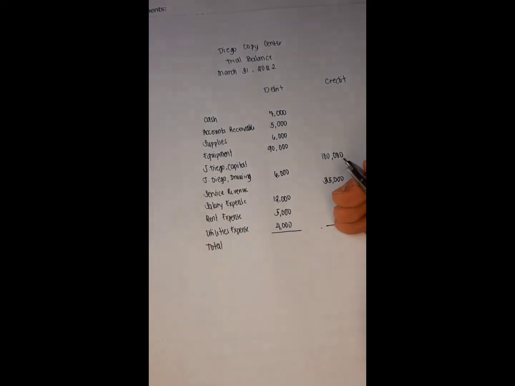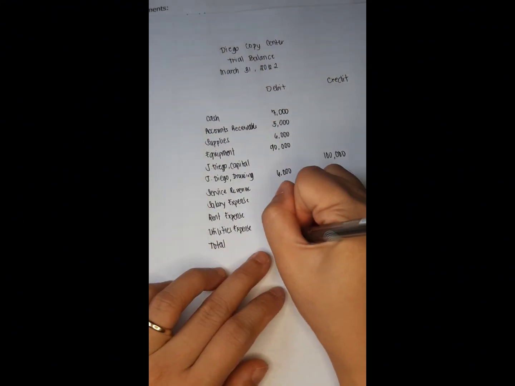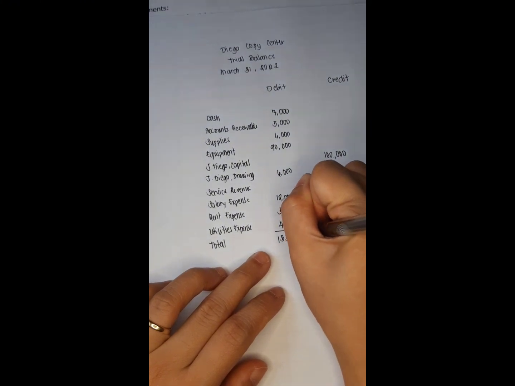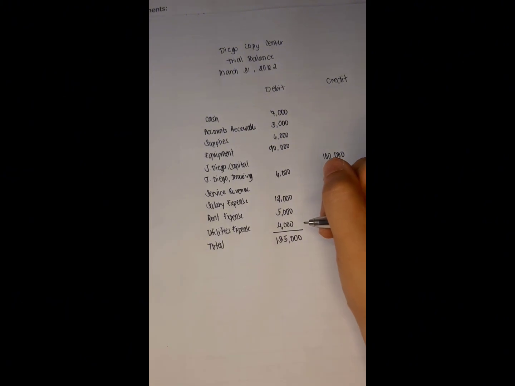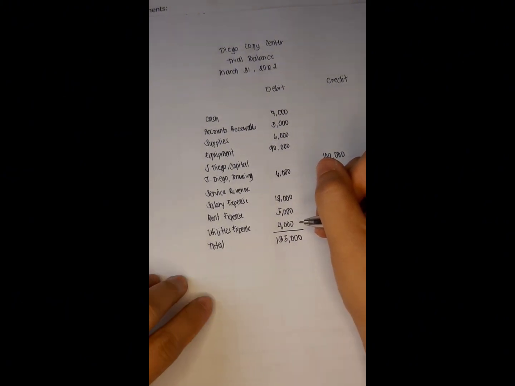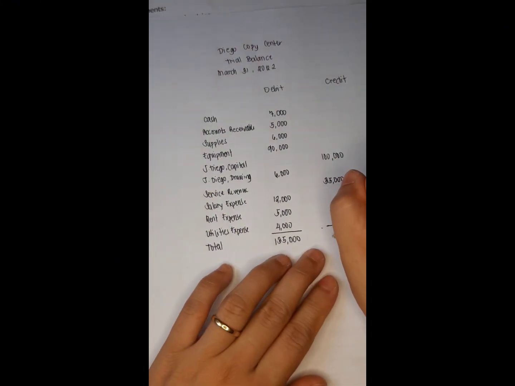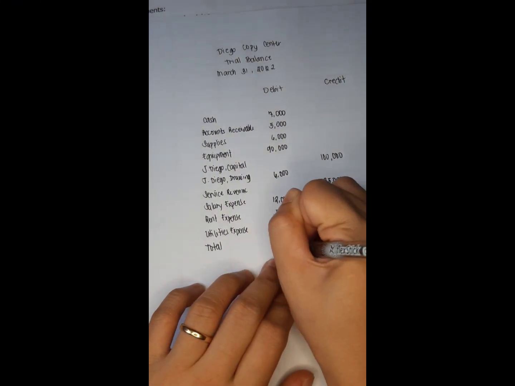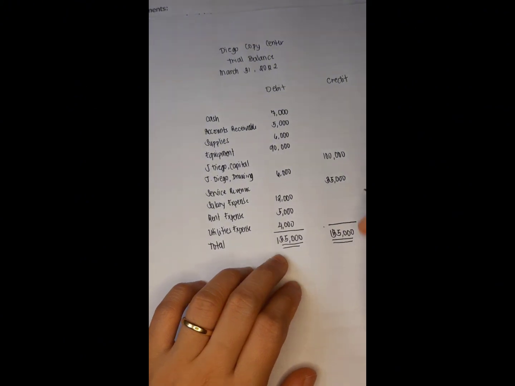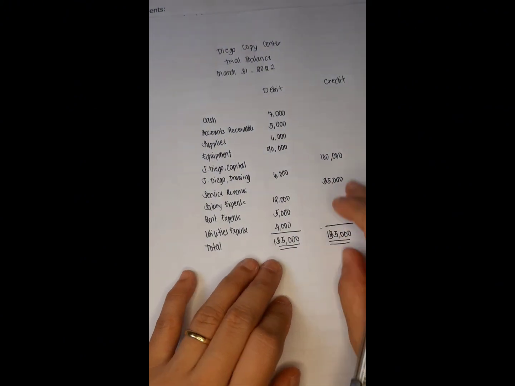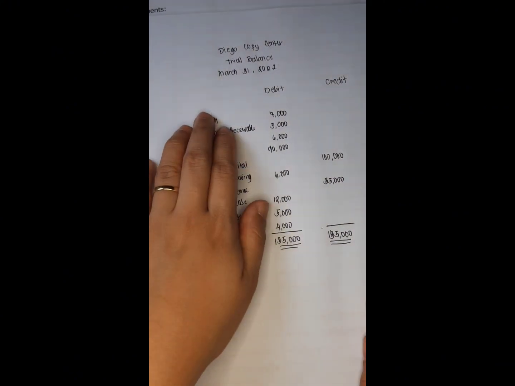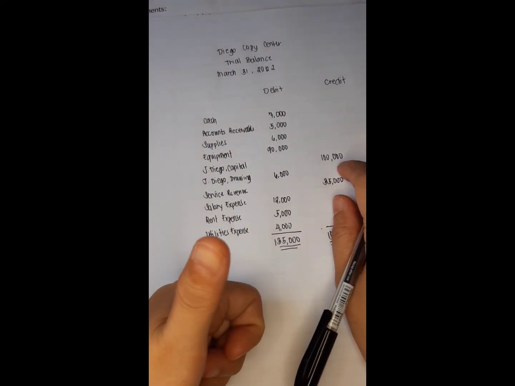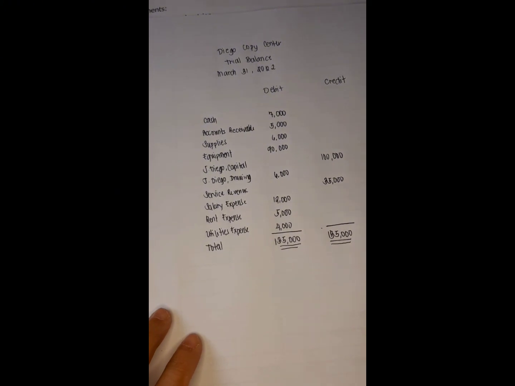Okay, so we got 135,000 for our debit. Okay, for our credit is, of course, 100 plus 30 is 135,000. Okay. So, double line natin. So, meaning, ito yung final, no? Final amount for our debit credit trial balance. Okay? So, we're now good for our trial balance.